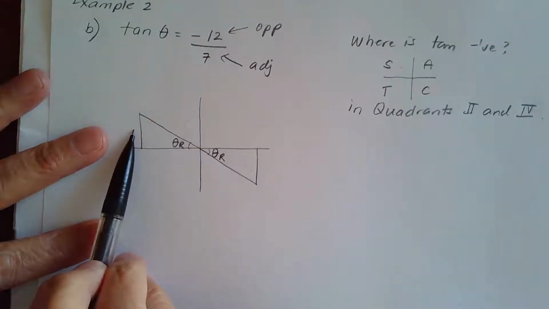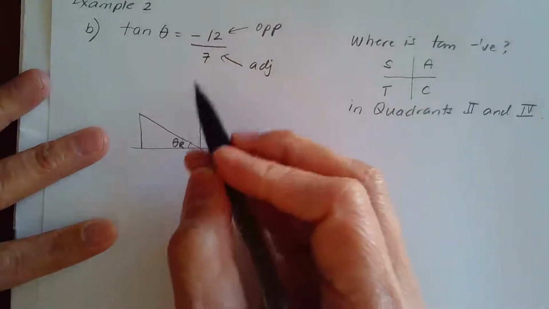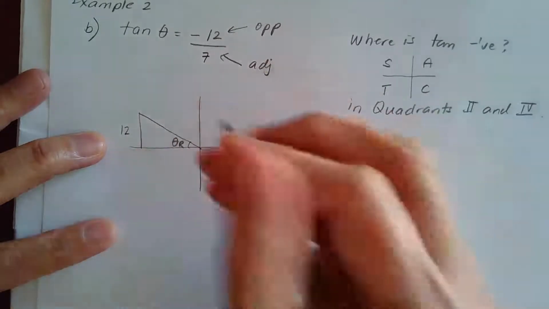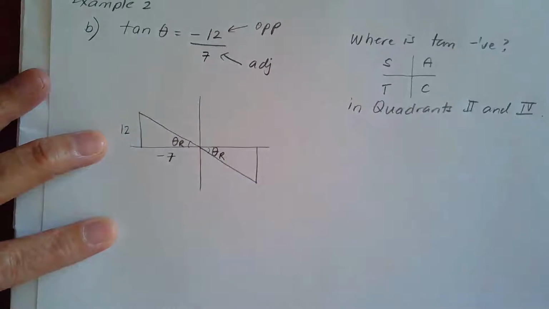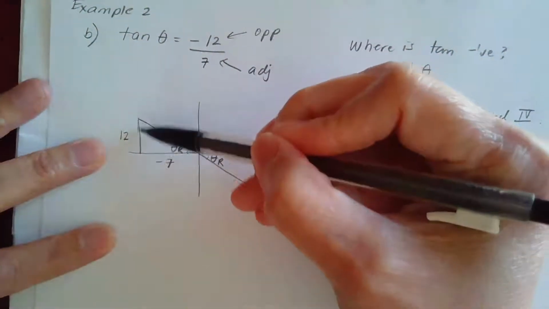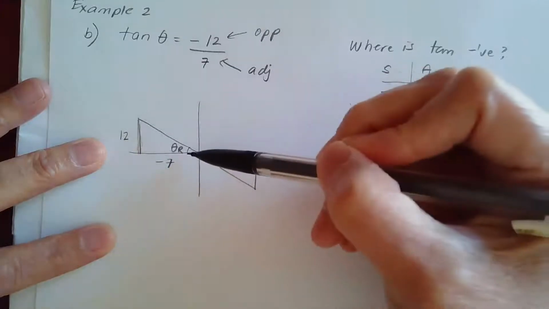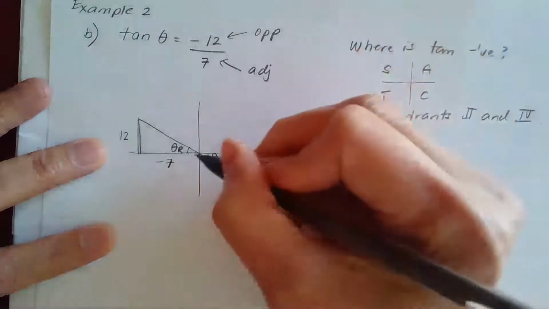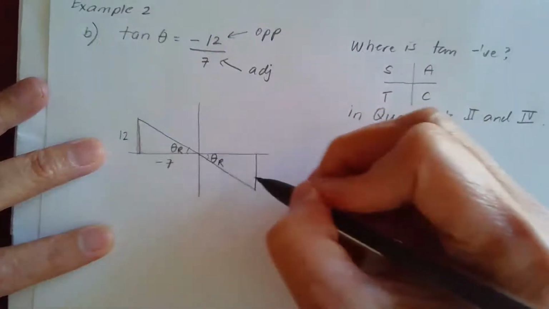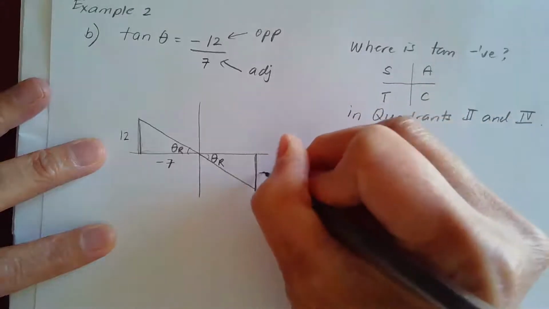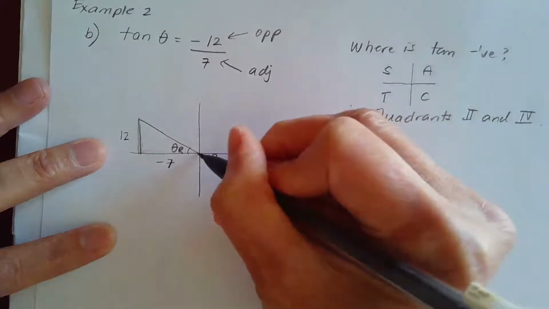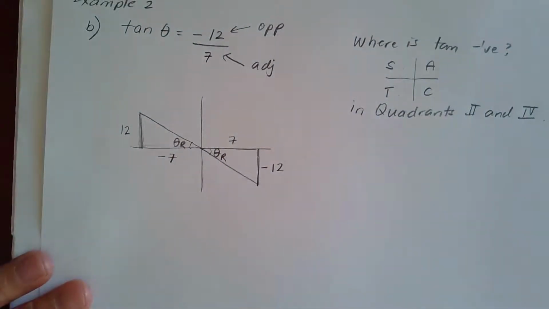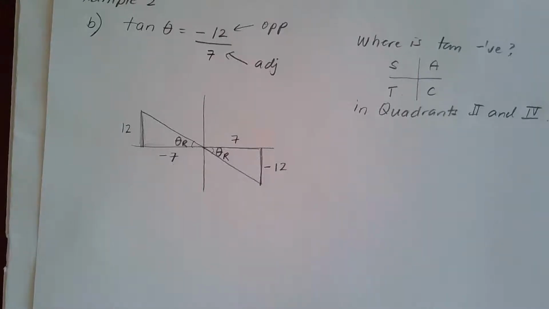The opposite is a positive 12, and then the adjacent in this particular case is the negative 7, because the opposite is the y, it's positive, and the adjacent would be negative 7. Now over here, the y is negative, so it's going to be negative 12 here, and then the adjacent is positive. Got two possible solutions that way.